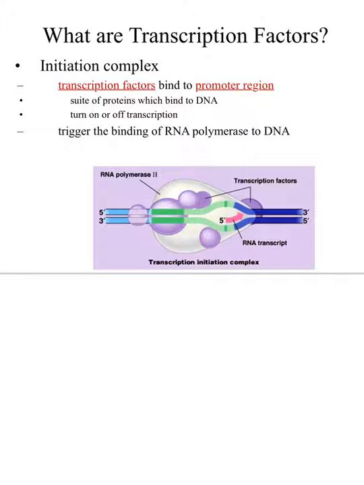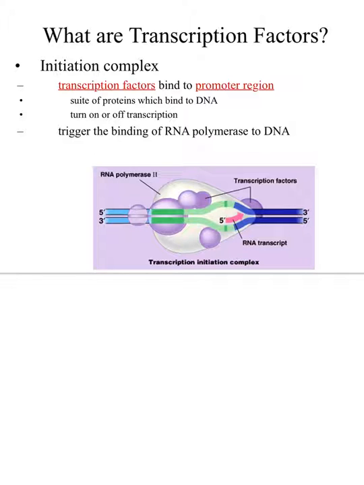So this whole initiation complex also contains transcription factors, and those are the purple circles that you can kind of see on the diagram. And so they bind to that promoter region. And so basically transcription factors are just a bunch of proteins, and they're going to bind to the DNA, and they can turn transcription on and they can turn transcription off.